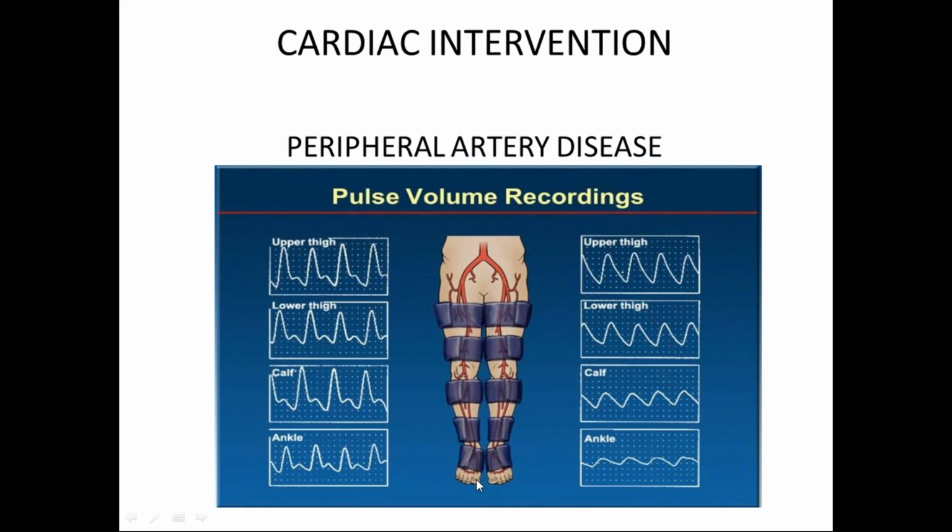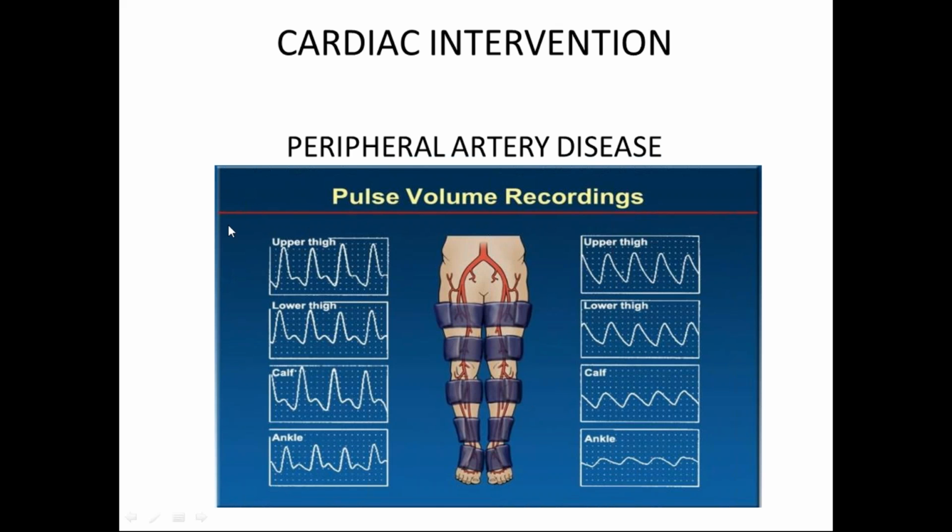You can even do a toe pressure. And then you're going to put the lower extremity systolic pressure over the brachial systolic pressure. Remember, it's ankle brachial index, the lower extremity systolic pressure over the arm pressure. And that's going to give you a value. That value should be greater than 1.